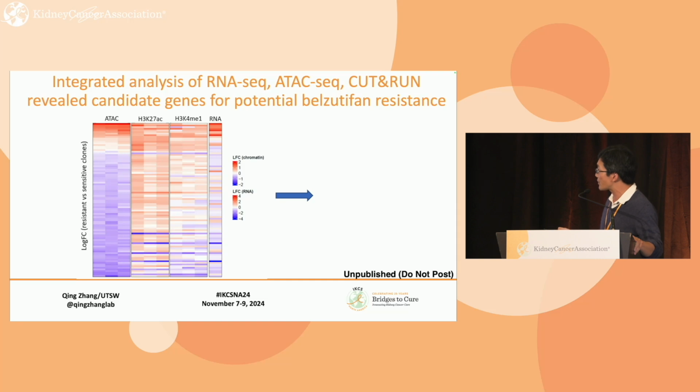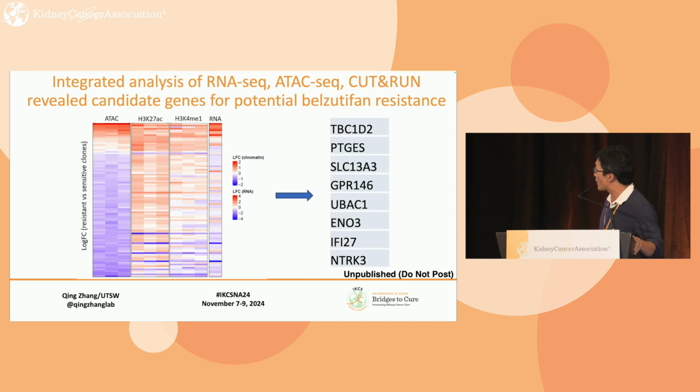We wanted to look at gene expression changes on the top, where there is activated gene expression as well as increased RNA expression. Those could reflect oncogenic pathways that eventually confer the adaptive resistance. Long story short, we found a short list of genes, shown here on the right, that could potentially contribute to this resistance.